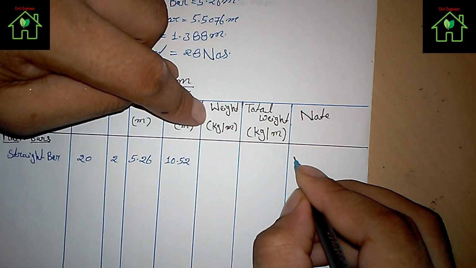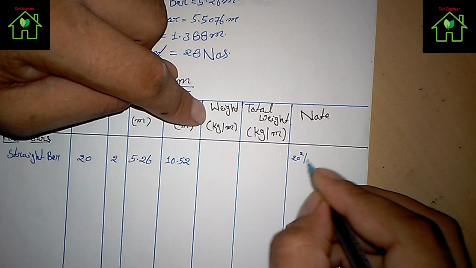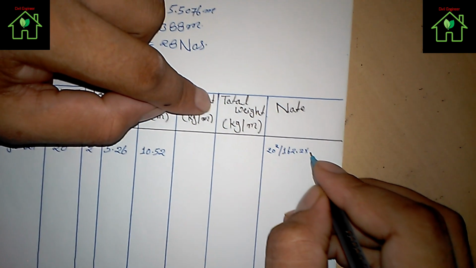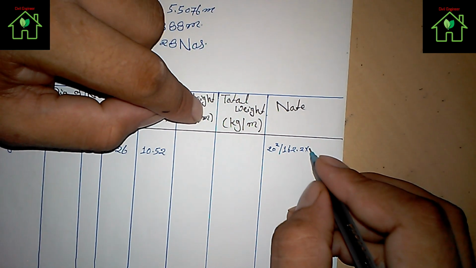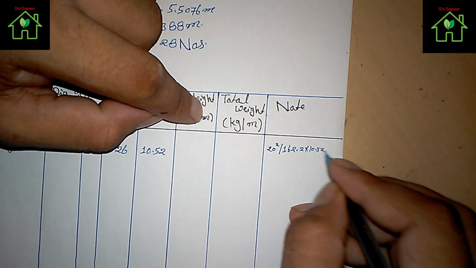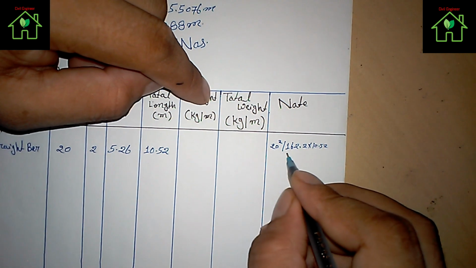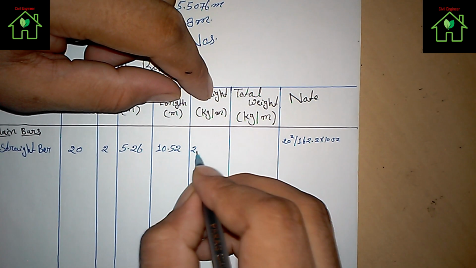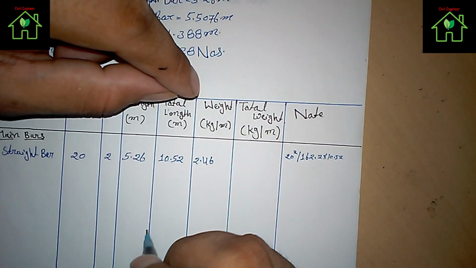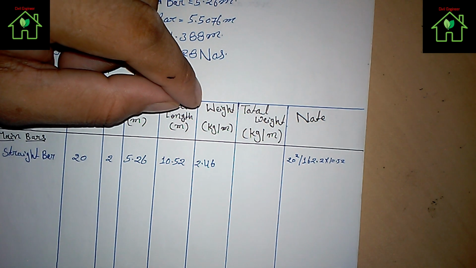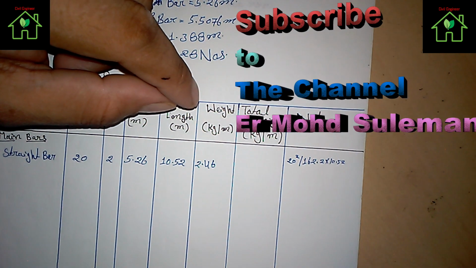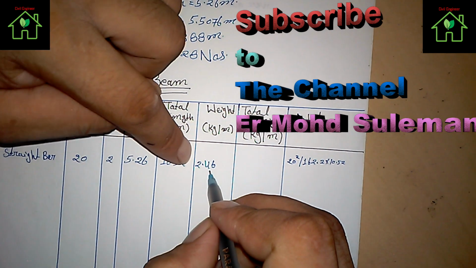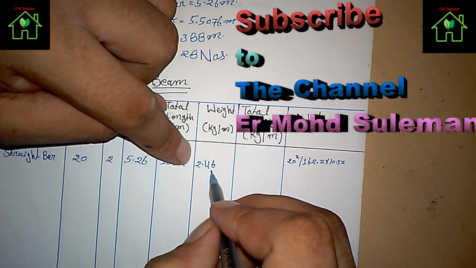Here we have the formula 20 square divided by 162.2, which gives 2.46.